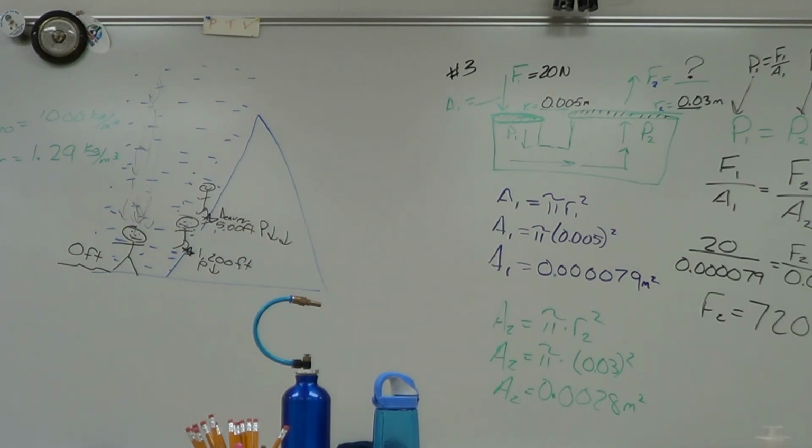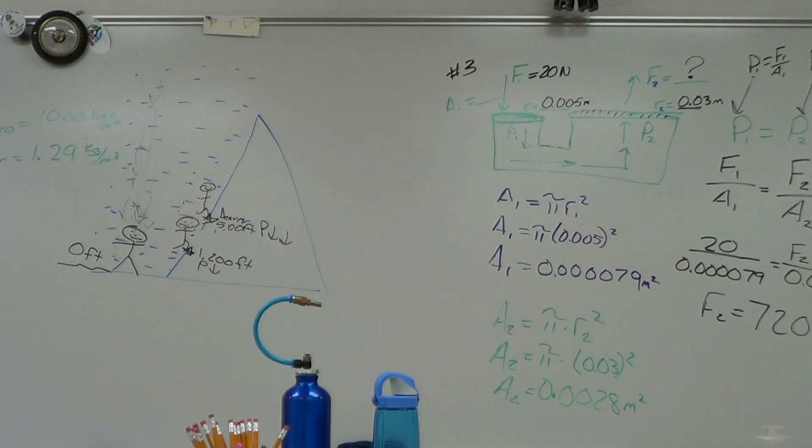So my pressure changes. Now what happens to the air molecules as the pressure decreases? Do they get closer together or further apart? If I decrease the pressure, are things going to get pushed closer together or pulled further apart? They're going to get pulled further apart.